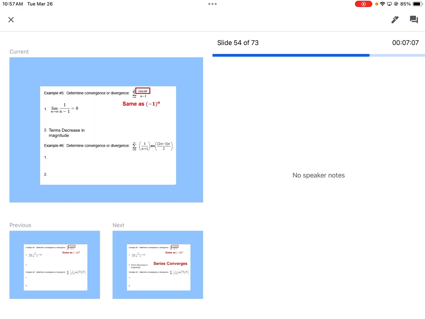Therefore, because the limit equals 0 and our terms are decreasing in magnitude, what do we know? This converges by the alternating series test. All right. One other one like this in example 6. And then we are quickly going to talk about alternating series error.